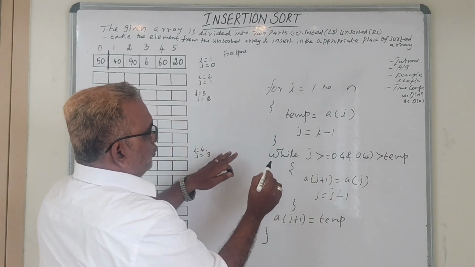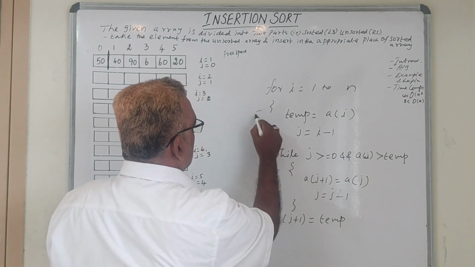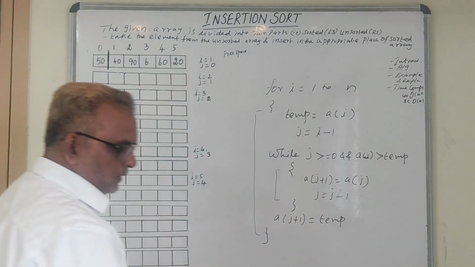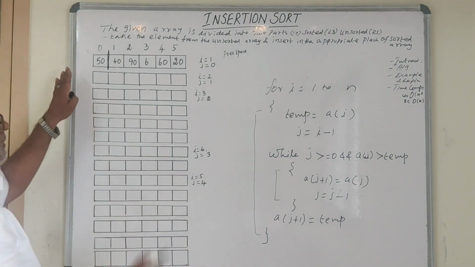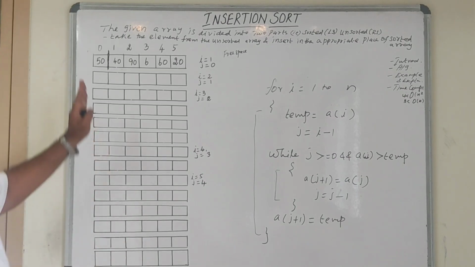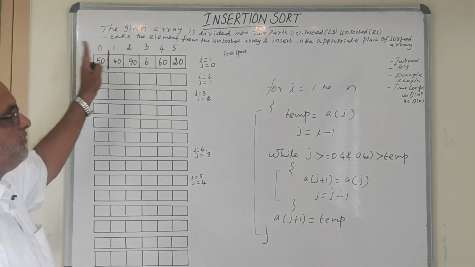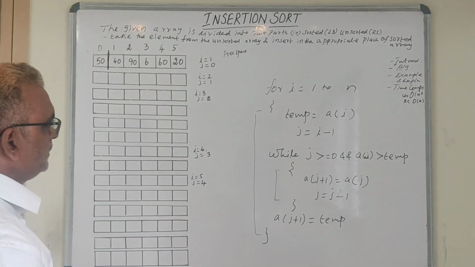So we have two loops: this is the inner loop and this is the outer loop. Now let us see this example. In this example we have a total of 6 elements. We keep the first element on the left hand side, the sorted part, and the remaining elements on the right hand side.